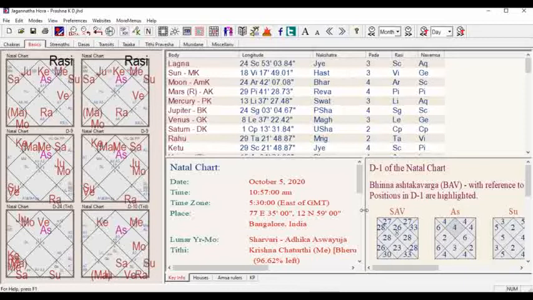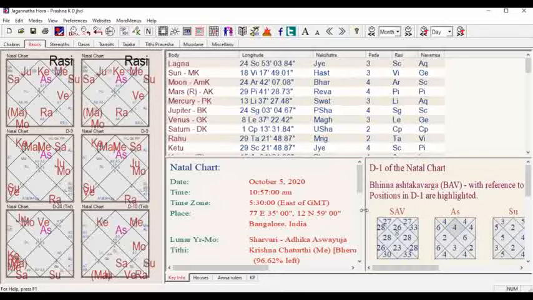But if you see the D9 chart, the Karaka of the seventh house, which is Venus, is with Sun first of all, and we may see Jupiter as their family members, Jupiter, Moon, and Sun.